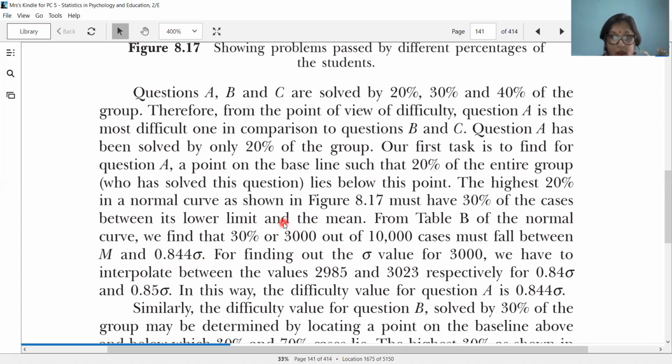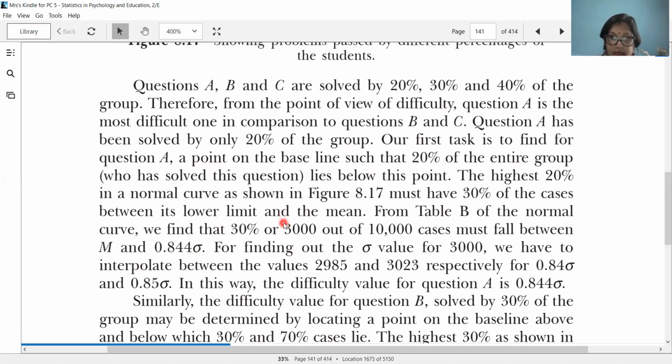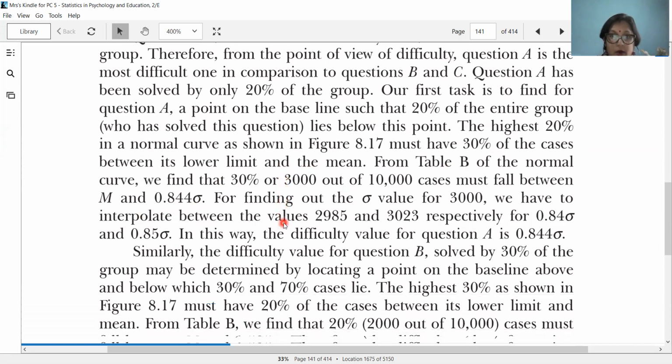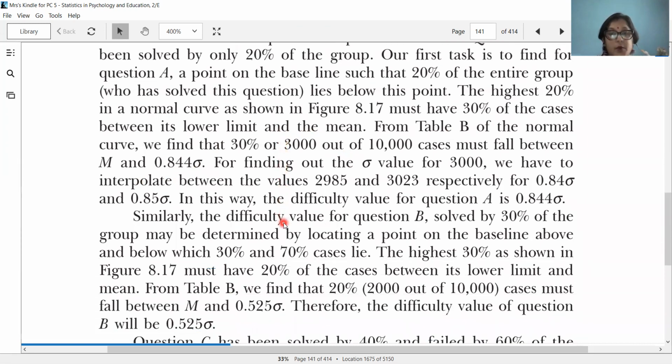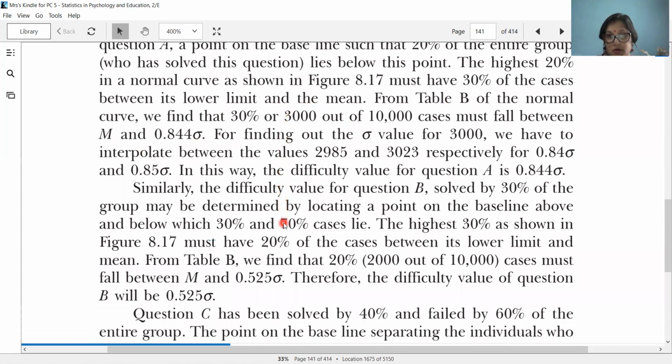So here we need to find out first the difficulty value for each of the questions. So here we find the difficulty value for question A is 0.844 sigma.